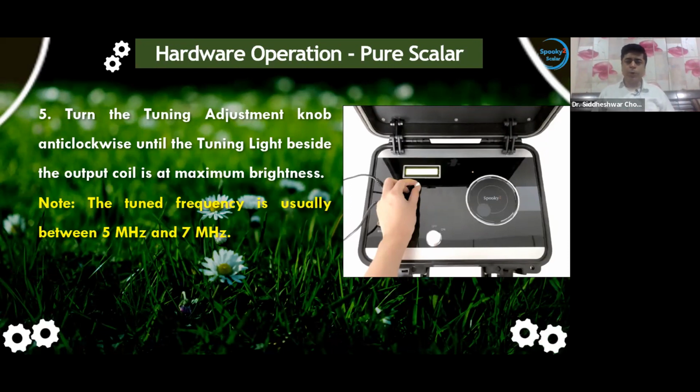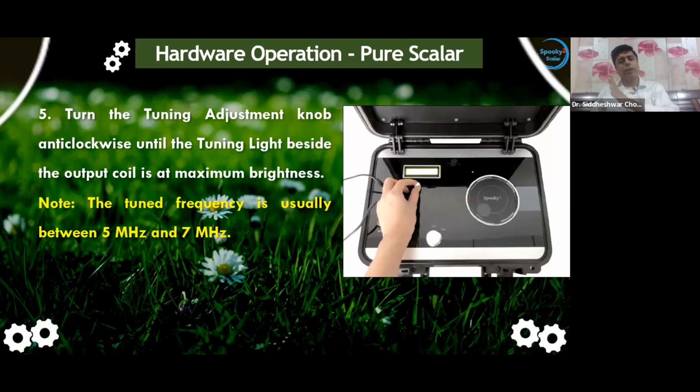Okay. So you have to start turning the tuning knob anti-clockwise. So what I mean by that, from 8 megahertz, you have to go down to 0, right? That is the direction.